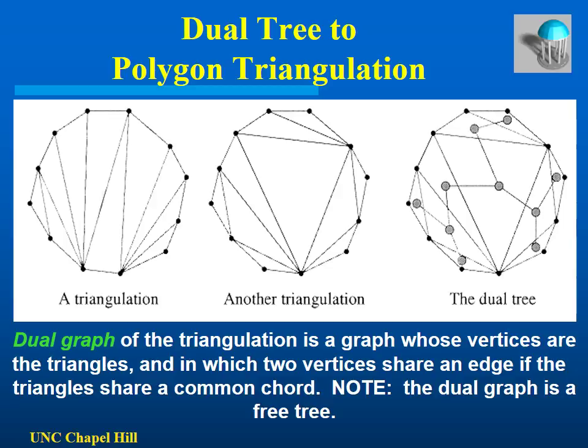It consists of a series of triangles, each with 3 sides. Some of the triangles have 3 sides that are not polygon edges. Some of them have 2 sides that are not polygon edges. And some of them have 1 side that is not a polygon edge.